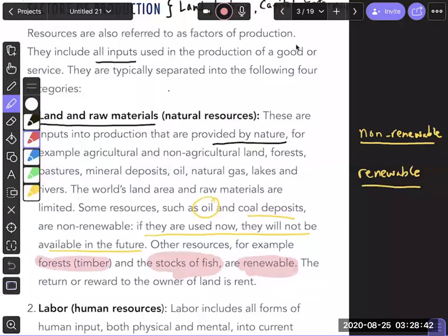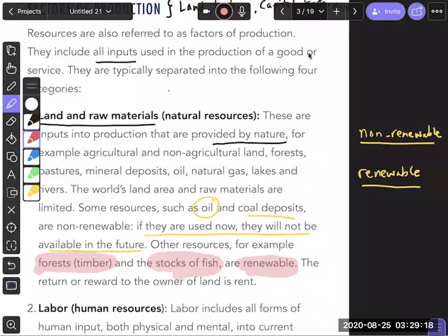Or if you're cutting forests for timber, you can keep on planting more trees. So it's a renewable resource. Does that make sense? Non-renewable resources are diminishing, while renewable resources are also diminishing, but through responsible actions we can try to not let the supply fall below a critical level.